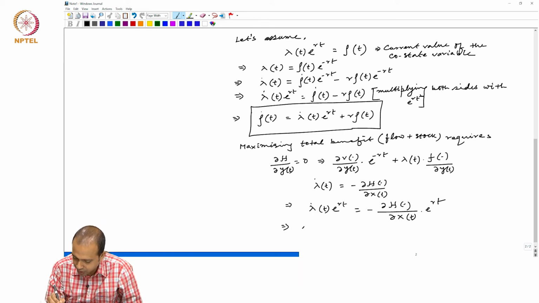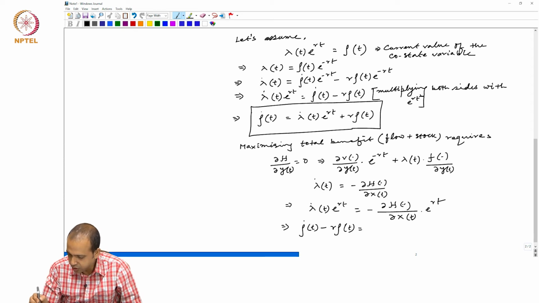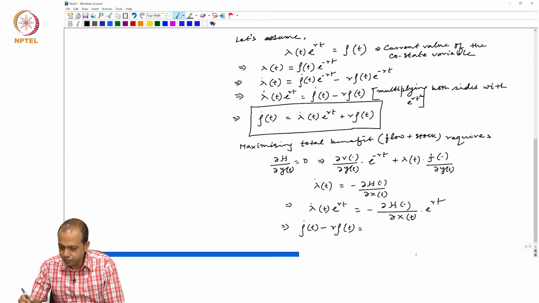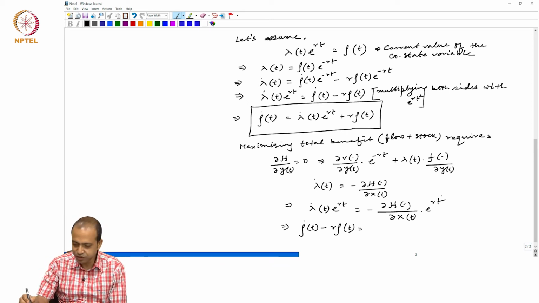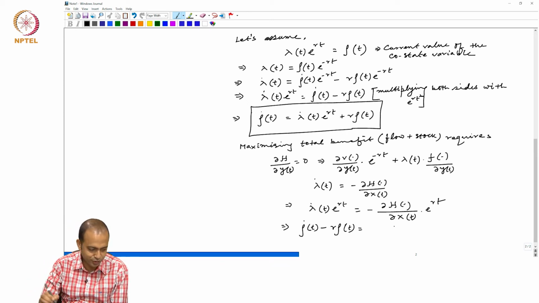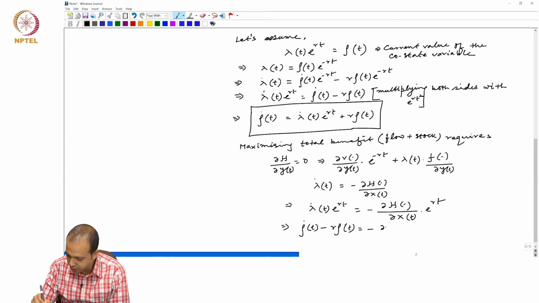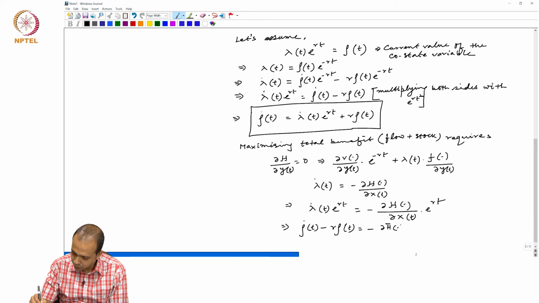So, this we can write rho dot t minus r into rho t equals to, then when you multiply this with e to the power RT, then basically you will get the current value Hamiltonian, which is nothing but minus del h bar del xt.